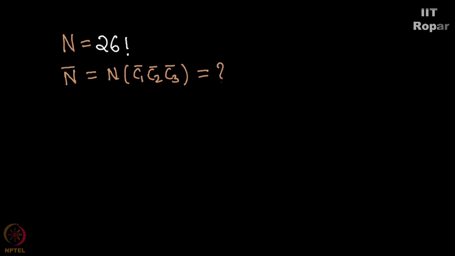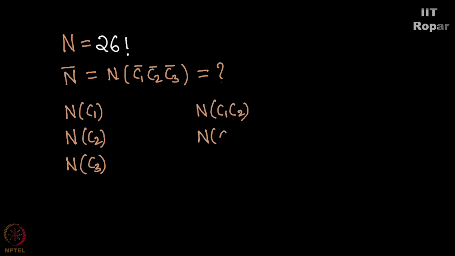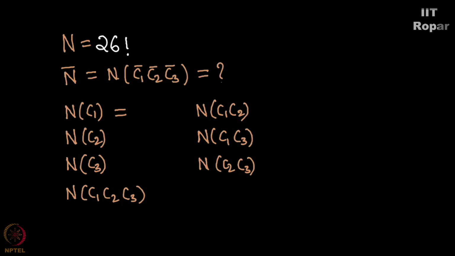Now, we know that n happens to be 26 factorial. Now, we have to calculate n bar, which is n of C1 bar, C2 bar and C3 bar. Before that, we must calculate n of C1, n of C2, n of C3, n of C1 C2, n of C1 C3, n of C2 C3 and n of C1 C2 C3. So, let us go one by one.